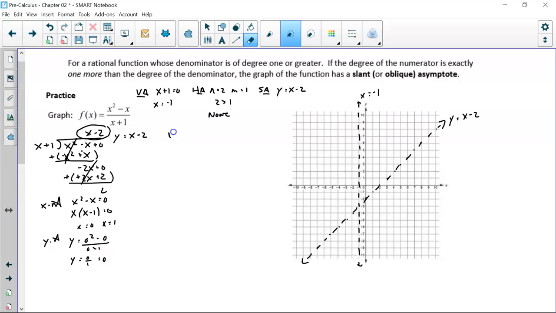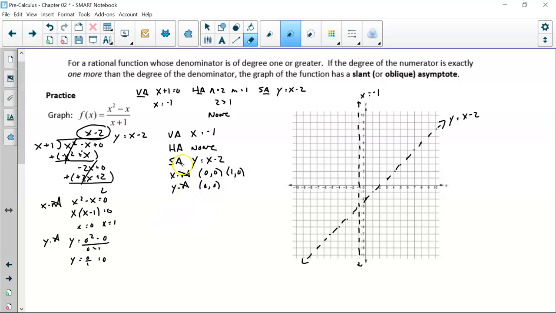So my vertical asymptote is x equals negative 1. Horizontal asymptote, there is none. Slant asymptote, SA for short, y equals x minus 2. The x-intercepts are at (0, 0) and (1, 0), and the y-intercept is at (0, 0).